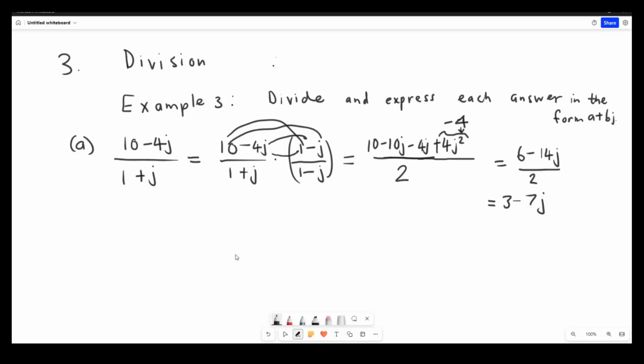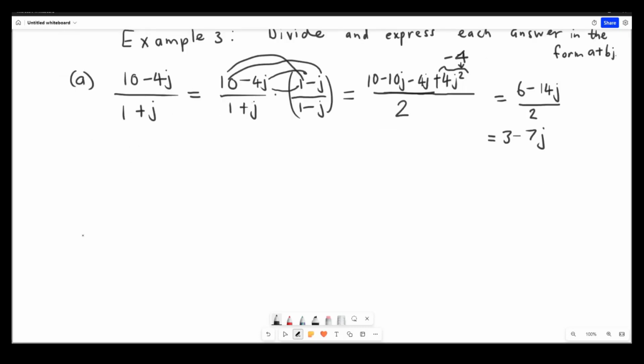Let me select another problem, number D from example 3. I was hoping we could get to the activity quickly. For number D, they also say divide and express each answer in the form a plus bj.